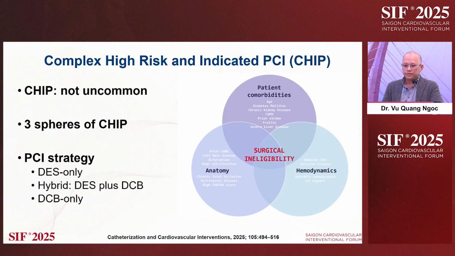We have a lot of data on patient characteristics and anatomy, but in terms of the hemodynamic aspect, we have quite limited data. And the PCI strategy for these CHIP patients is DES only, hybrid, which is DES plus DCB, and DCB only.